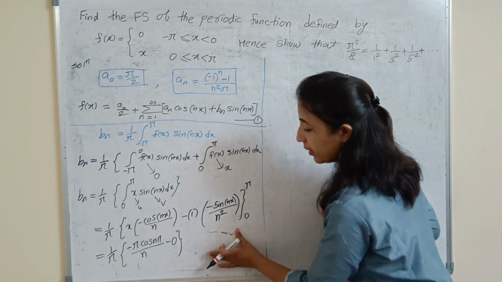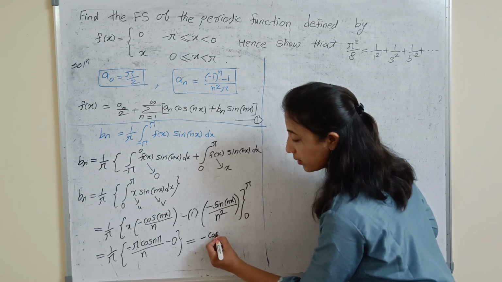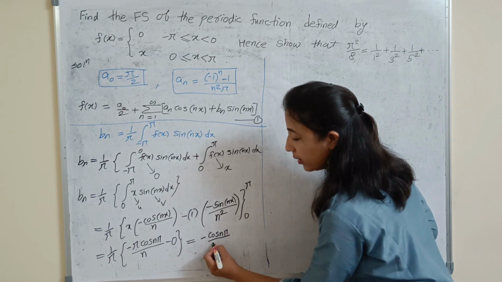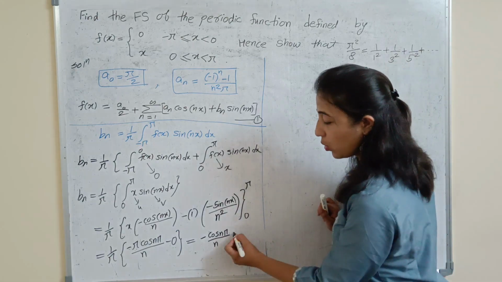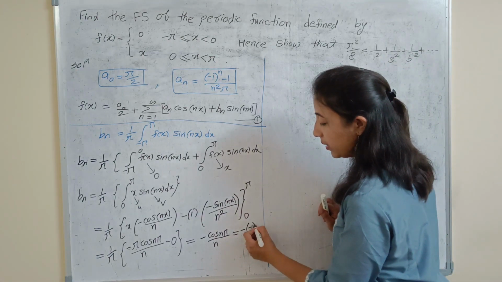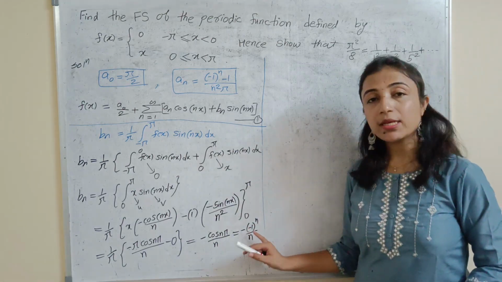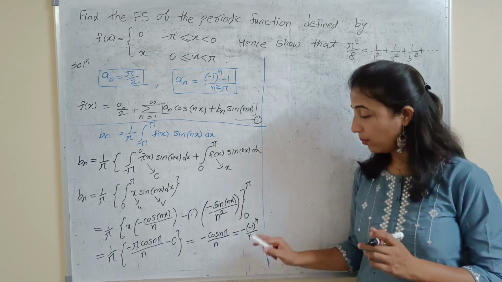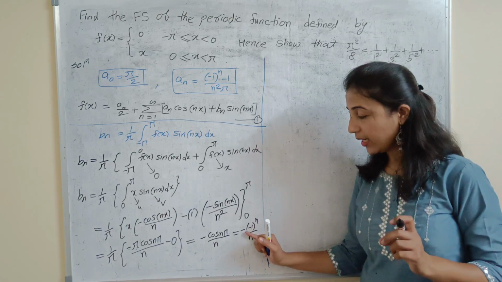So in the next step, we will get minus cos n pi upon n. And cos n pi we can write as minus 1 raised to the power n upon n. Now here minus and minus are in product form, so it is minus 1 raised to the power n and this minus.